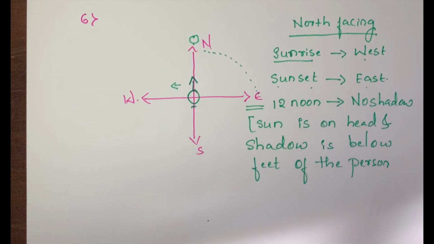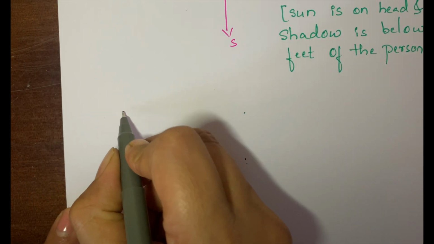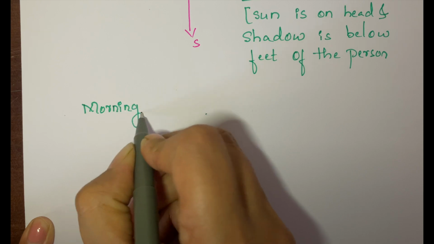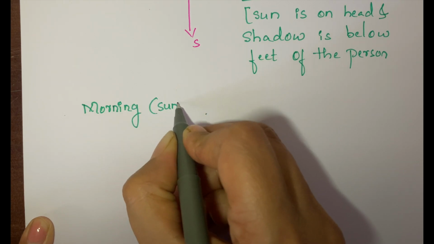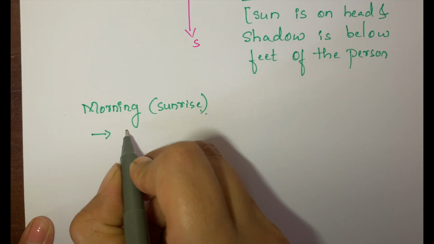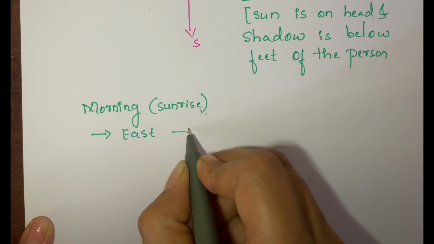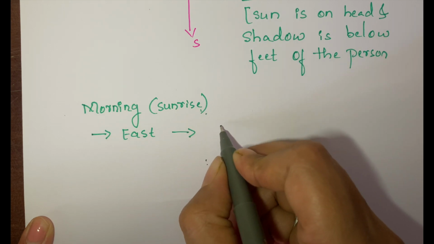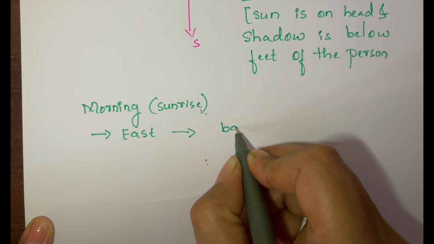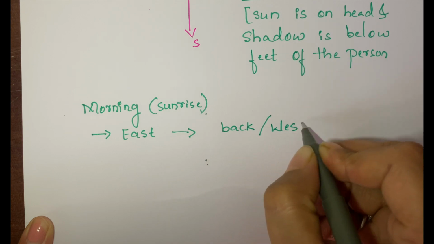So similarly, we have a list here, and I'll give you the list. Morning, that is sunrise. At sunrise, if a person is facing the sun, that is facing east, then where will his shadow be? His shadow will be at his back, that is at west.